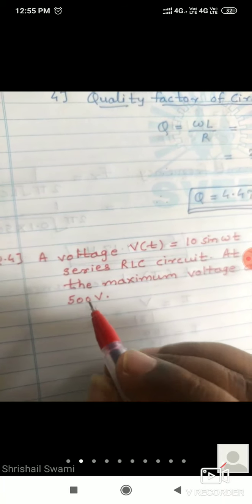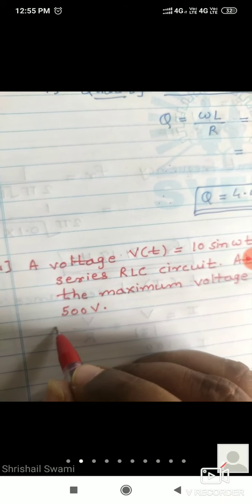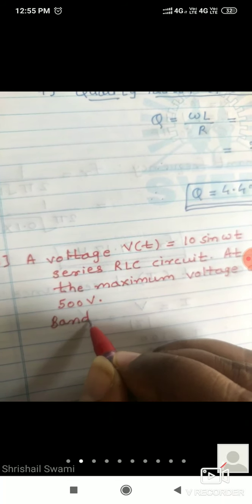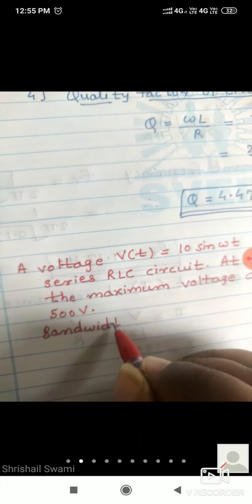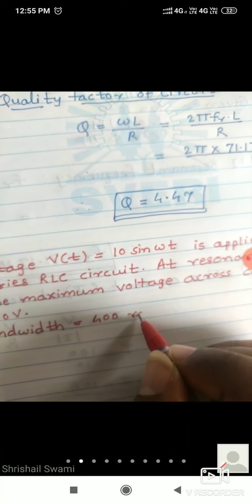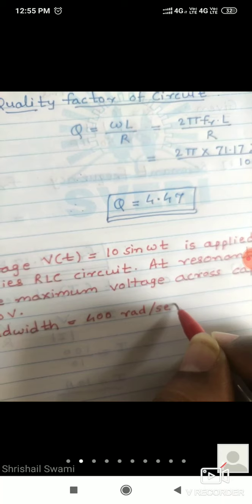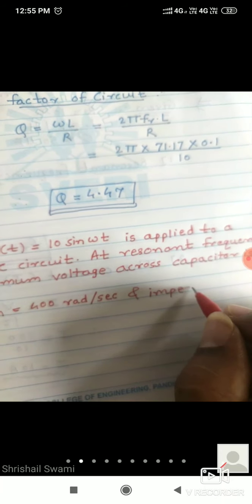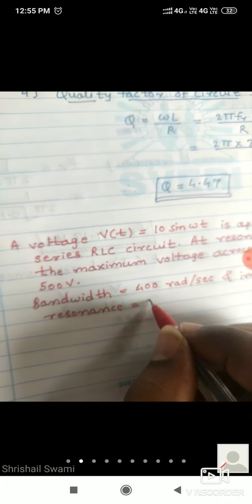Okay, bandwidth is equal to 400 radian per second, and impedance at resonance is equal to 100 ohm. So what are the things you have to find out?